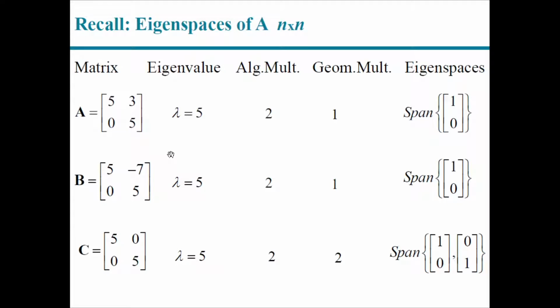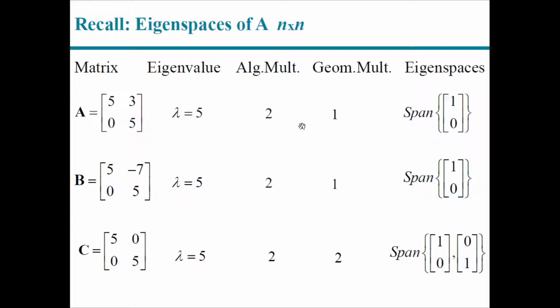Some examples here. Simple 2 by 2 matrices. So matrix A is upper triangular, so the eigenvalues are on the diagonal. So it's 5 and 5. So the algebraic multiplicity is 2 because 5 is a root of the characteristic polynomial twice.